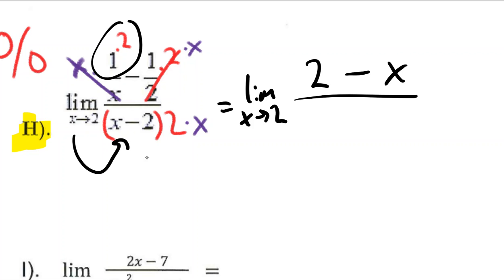Down here, this guy didn't have a denominator, so nothing canceled out, and so I have 2 times x times the x minus 2 that's been there the whole time. So the algebraic manipulation I did was simplify my complex fraction by multiplying all those terms by the least common denominator.